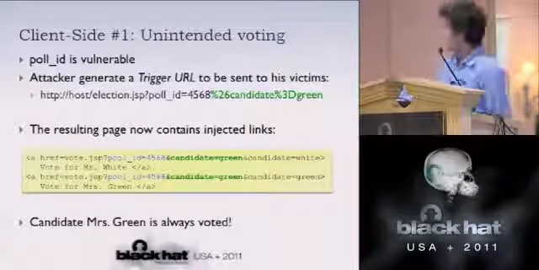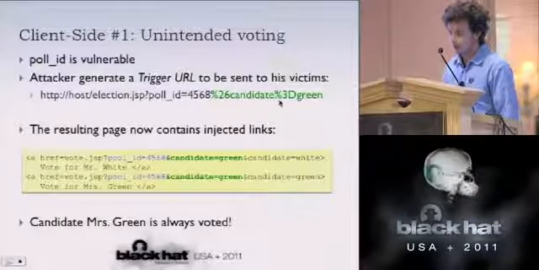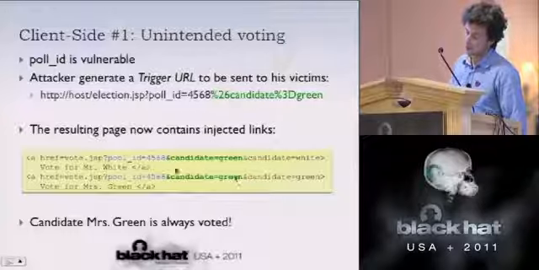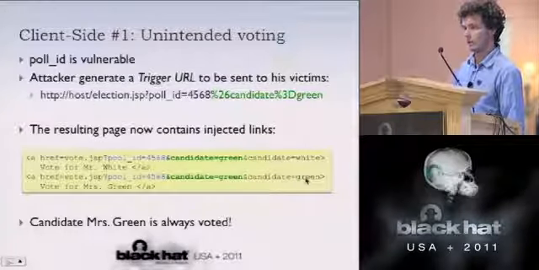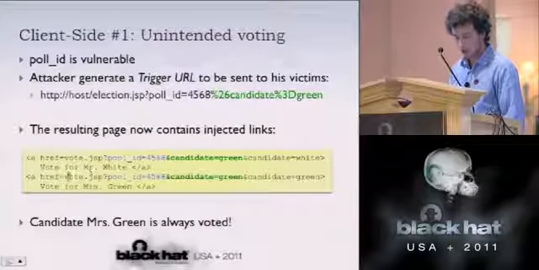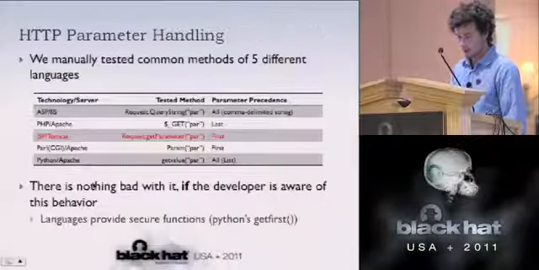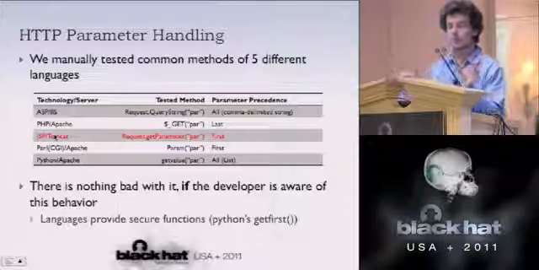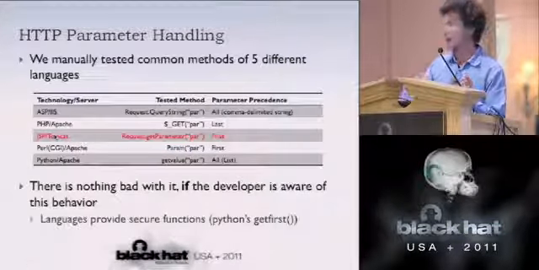Why does this happen? Because he was able to inject this new candidate equal green. As you can see here, this candidate equal green gets injected before the real candidate that would have been submitted to the application. Since the application is written in JSP, as we saw, when you have two parameters with the same name, the application reads just the first parameter.